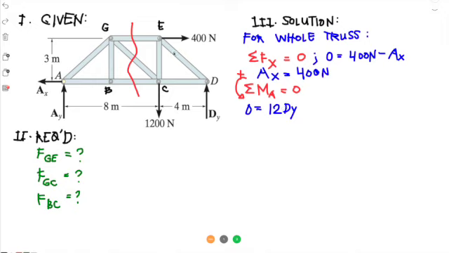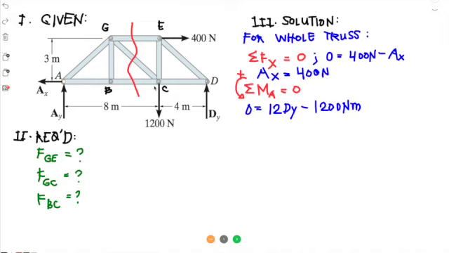And the other two forces are clockwise, so they are negative. So we have minus, this 400 newtons times 3 meters. So that's 400 times 3, that's 1200 newton meter. Let's just write it directly.